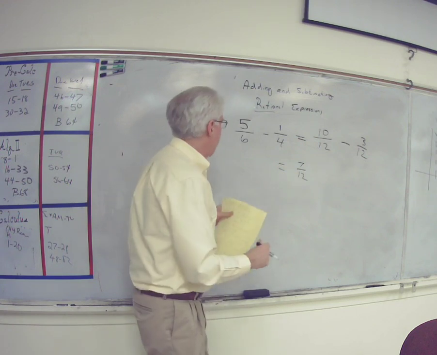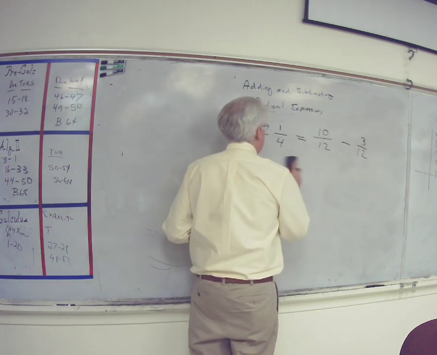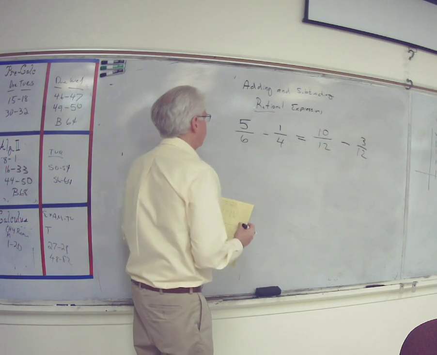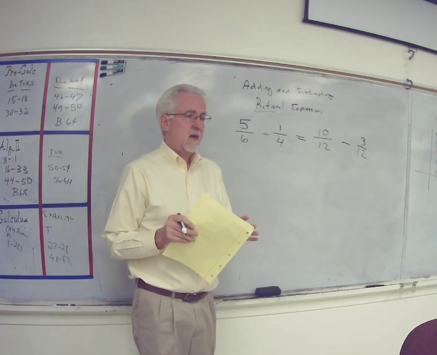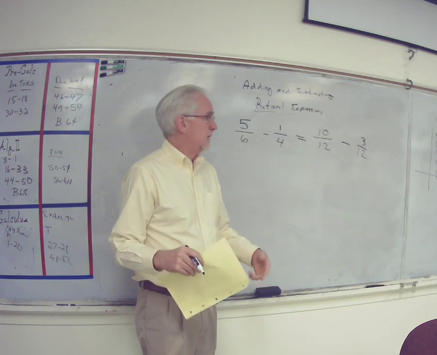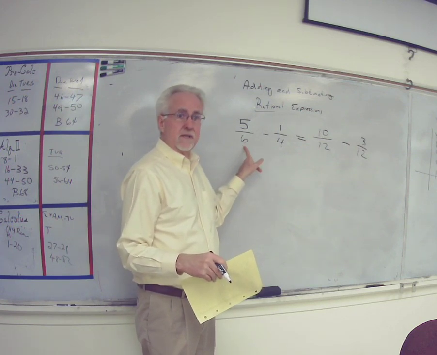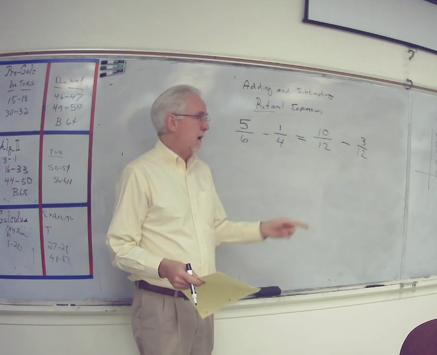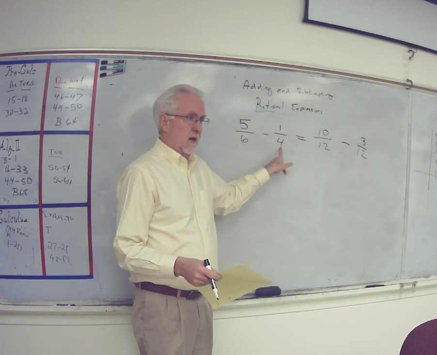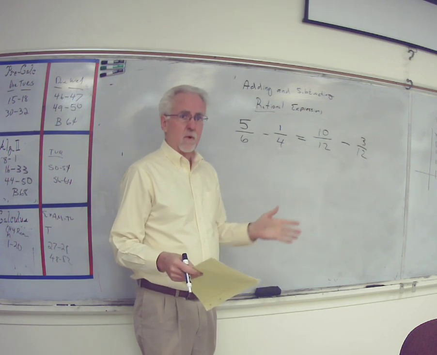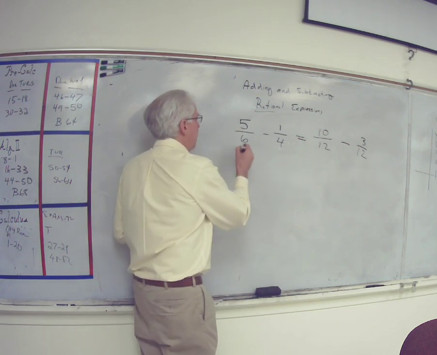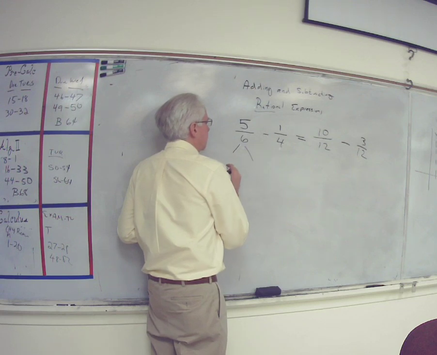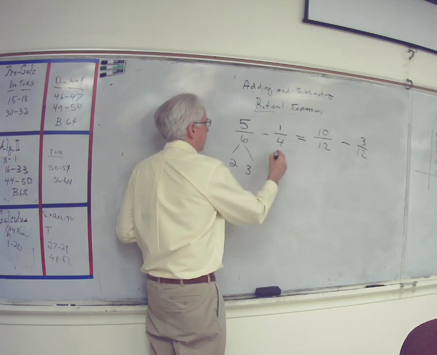Okay. Now let's think about how we actually did this. All right? And I have to have you really pay attention. So I have to have a bucket that will hold 6, and I have to have that same bucket hold 4s. Do I have to hold the 6s and the 4s at the same time? No, right? So if I factored 6, what does 6 factor into? A 2 and a 3.